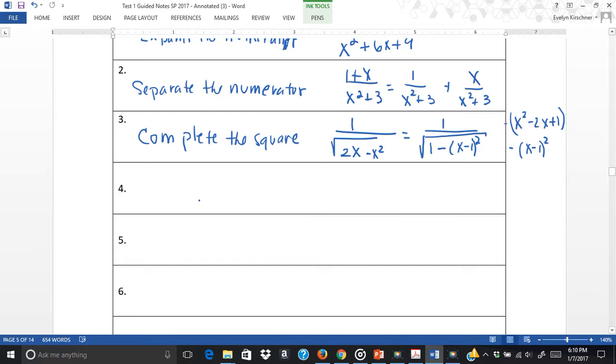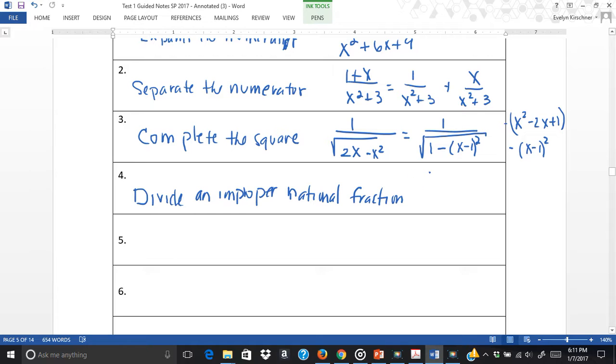Also, if I have an improper rational fraction, I want to divide it. And I usually do this if they're the same degree.